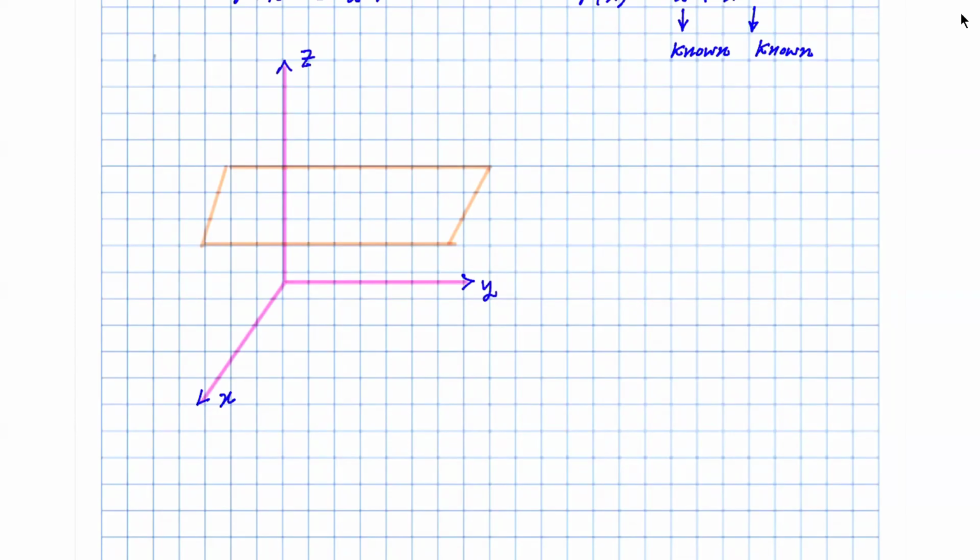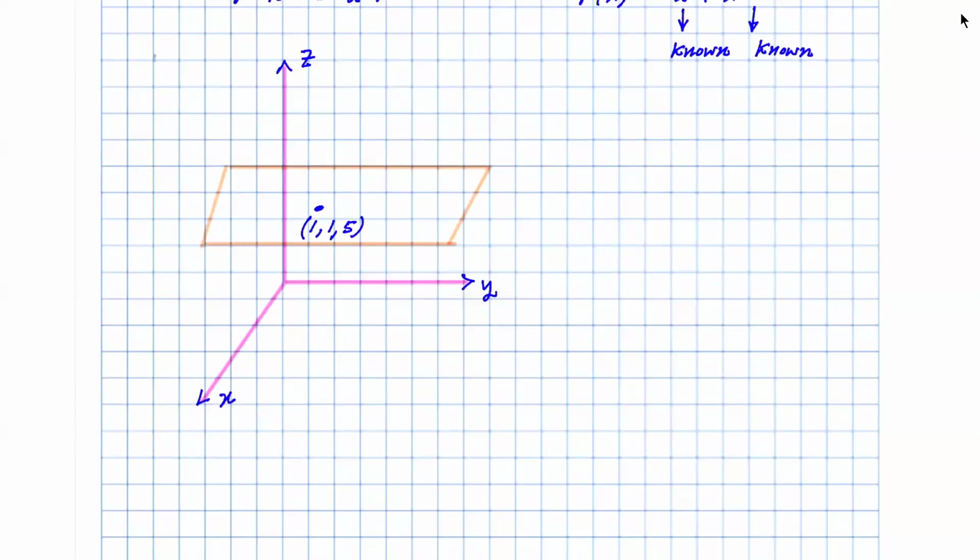So I'm going to get a point here. Tell me that point. This point can be x1, y1, z value 5.